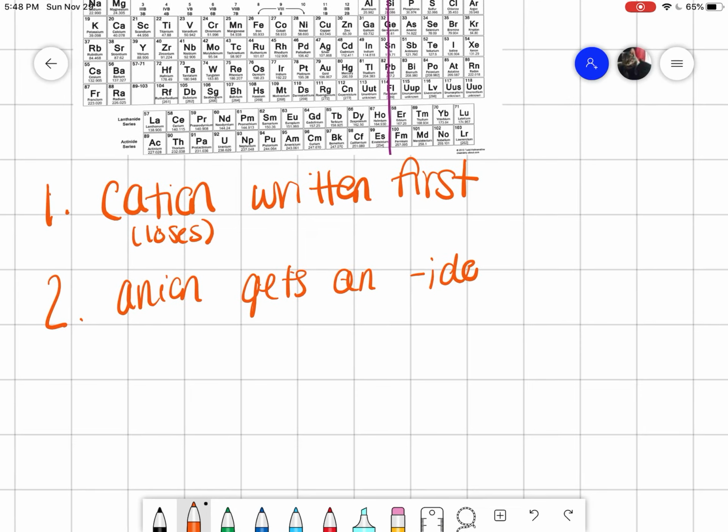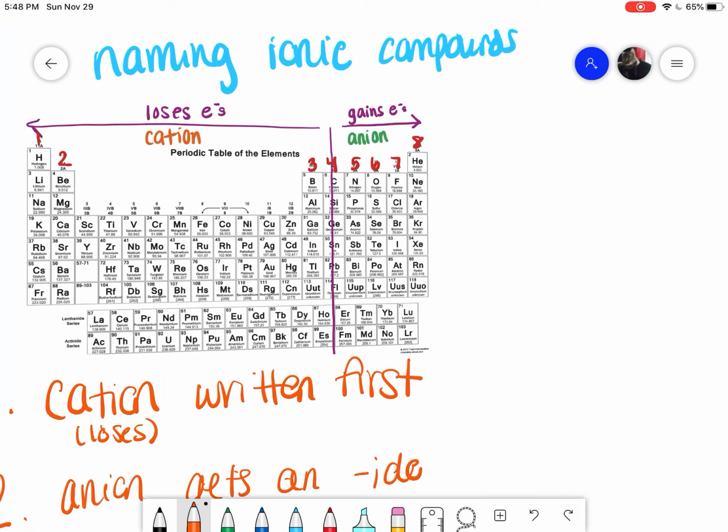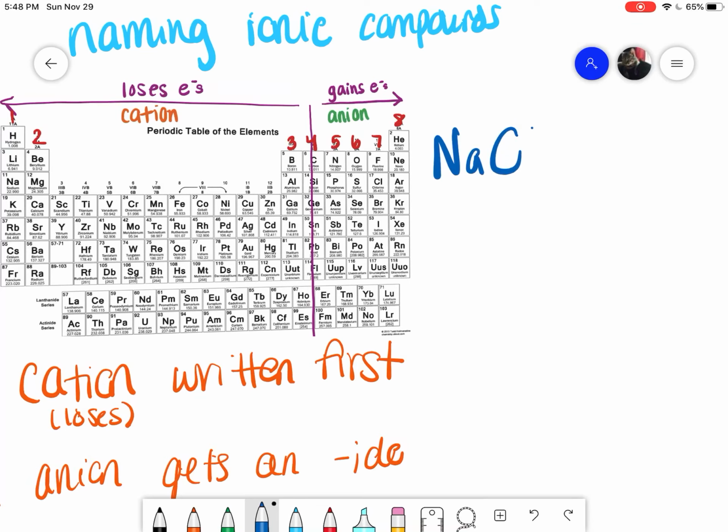So we are going to go through how to name ionic compounds and do a few examples. So our first one, let's do NaCl. Our name for NaCl, we need to start by writing the cation first.